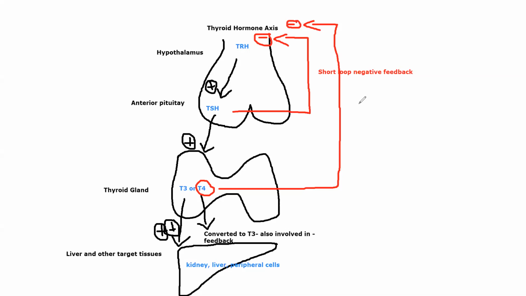And so we describe this one as being a long loop negative feedback. And in brackets, I'm going to put T4 here because that's really the form of this hormone that is involved in the negative feedback.